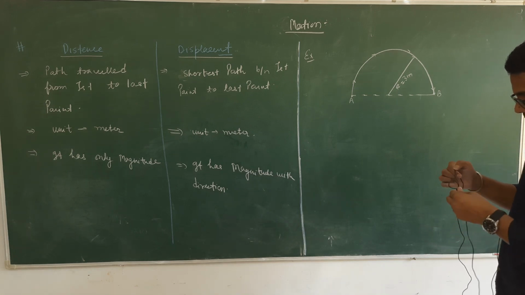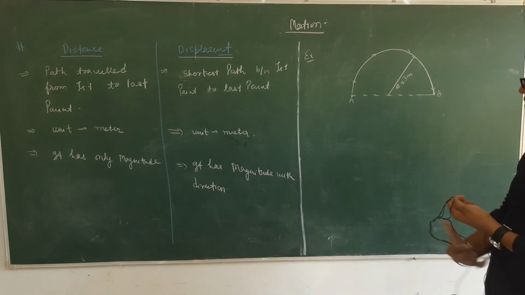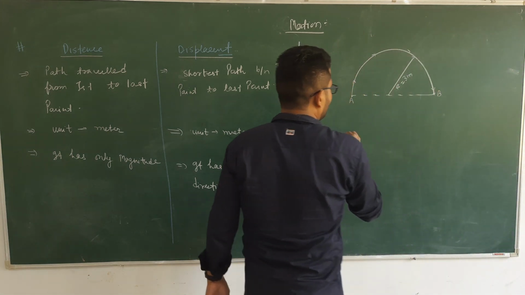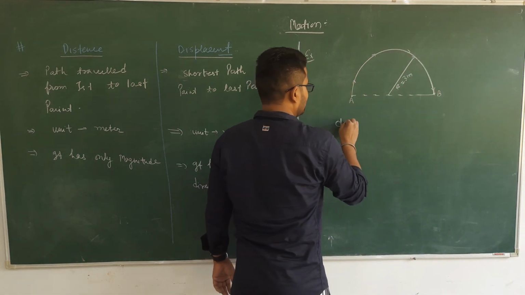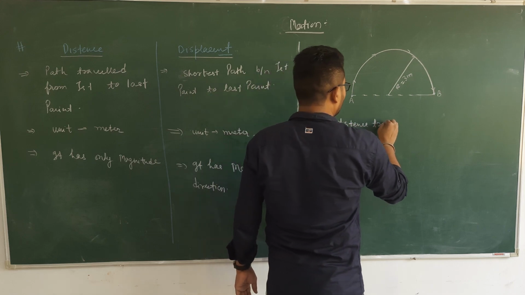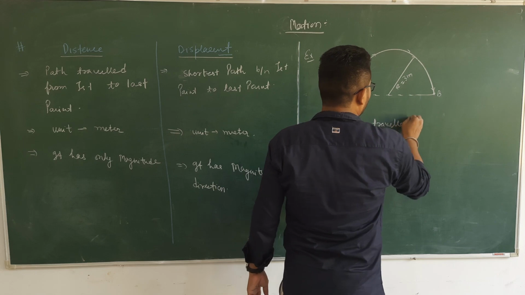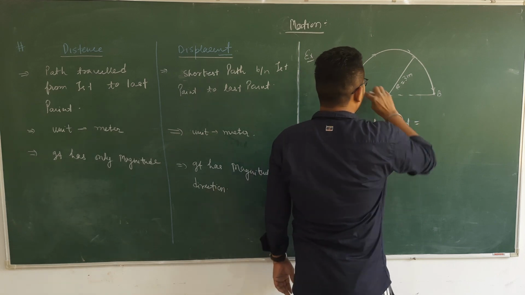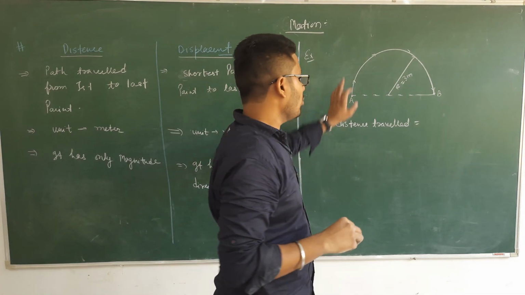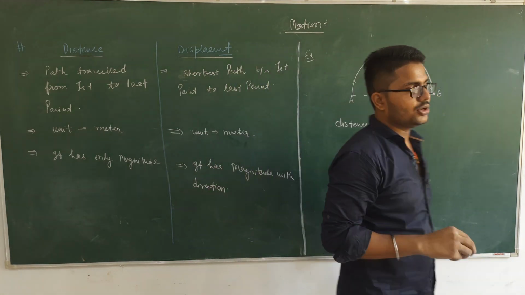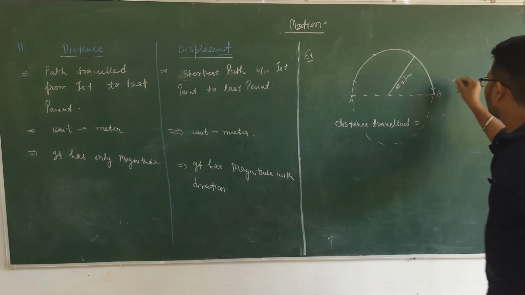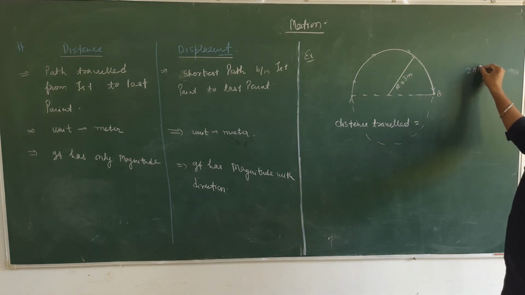What distance have we traveled in this path? First of all, the distance traveled is equal to the circumference of this half circle. The whole circumference of a circle is 2 pi r.